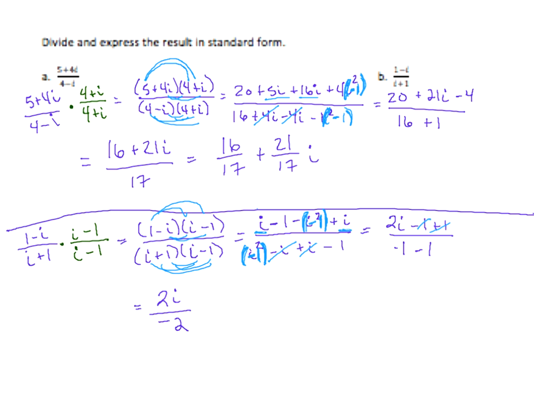Well, since that 2 is a factor, it divides out. 2 goes into 2 once, and 2 goes into negative 2 negative 1 times. So I have i divided by negative 1, which is just negative i. All of that work to get negative i out.